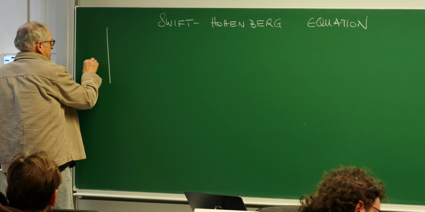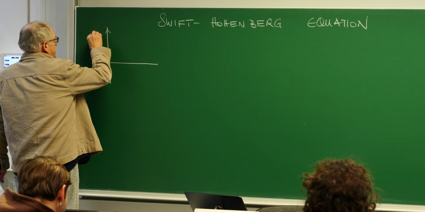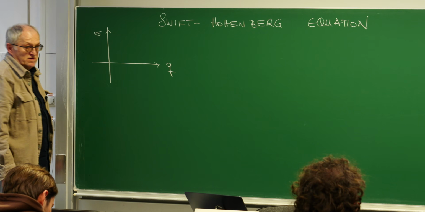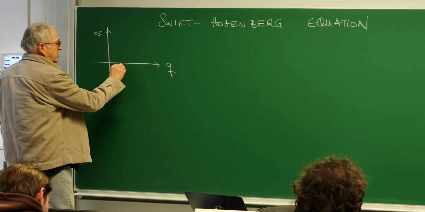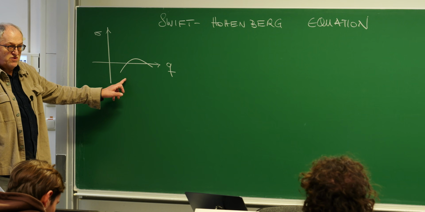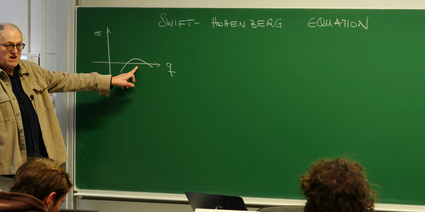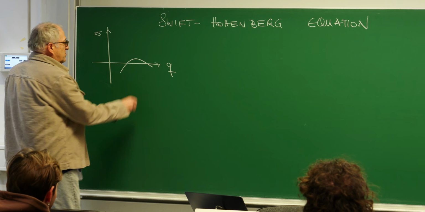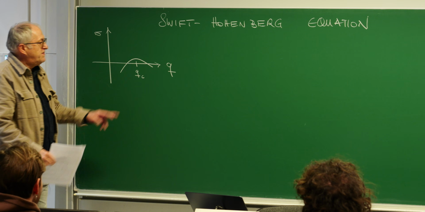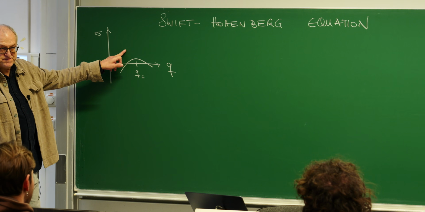So remember, for the Turing system, if we have the dispersion relation as a function of q, the basic feature of such a Turing instability is that you have this band of unstable modes where there's one mode, q_c, that grows the fastest.